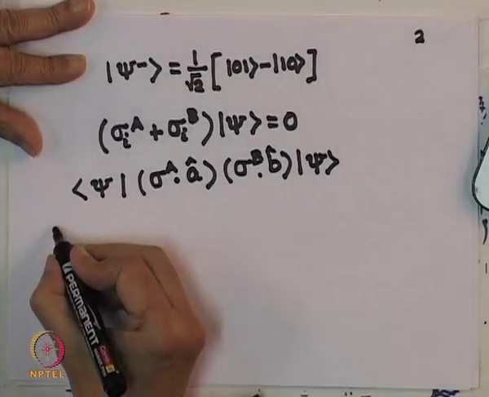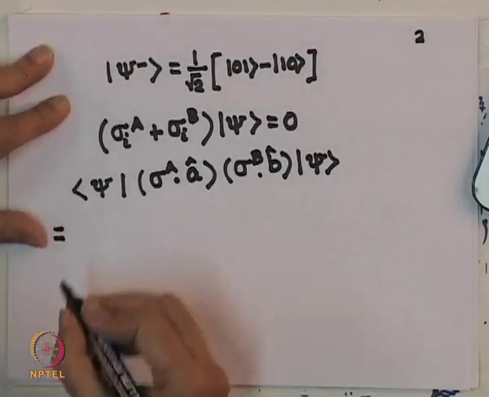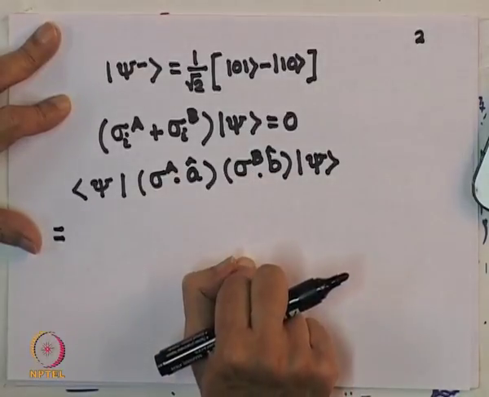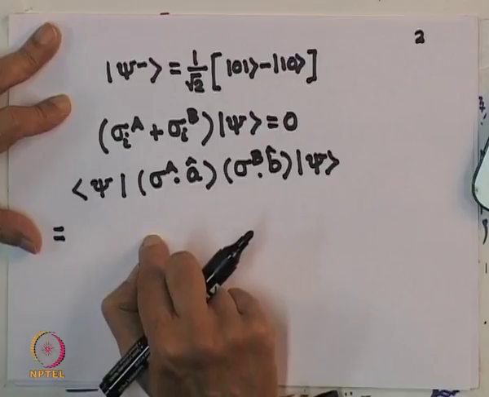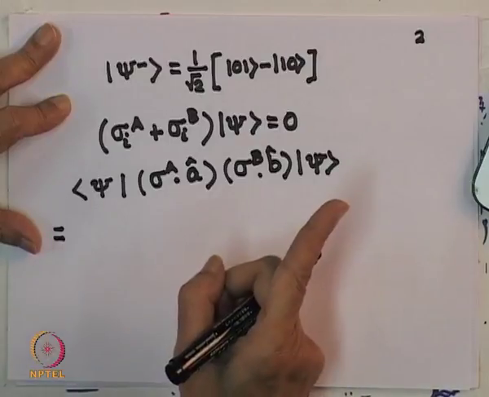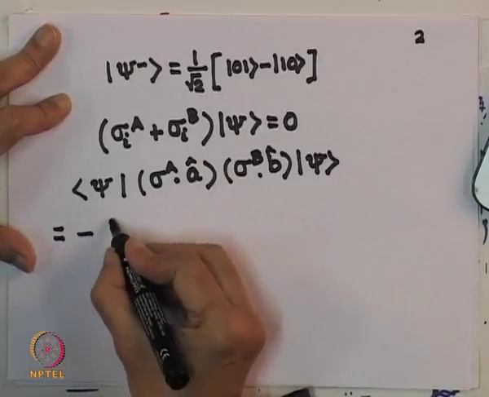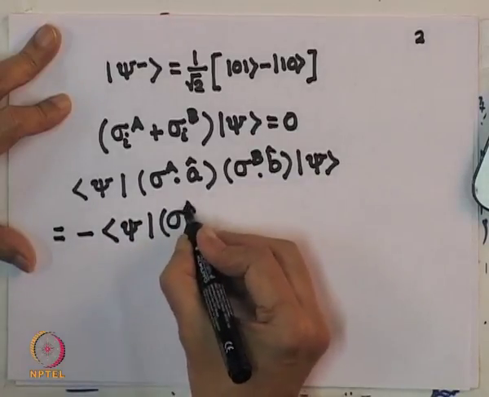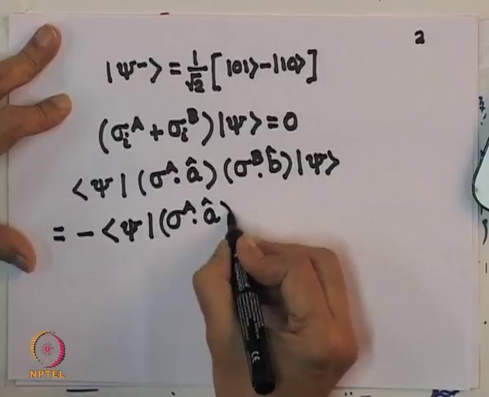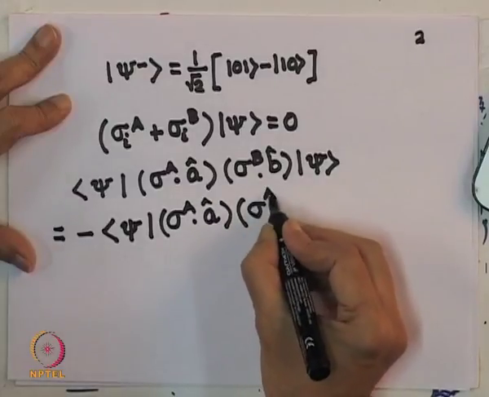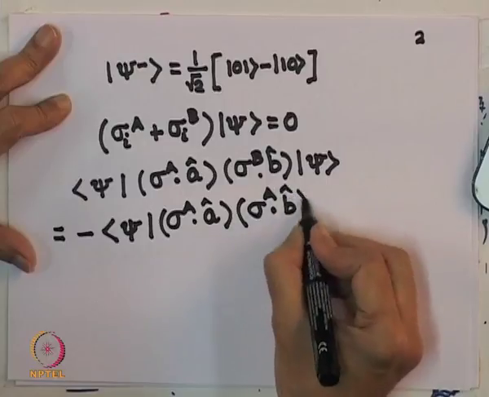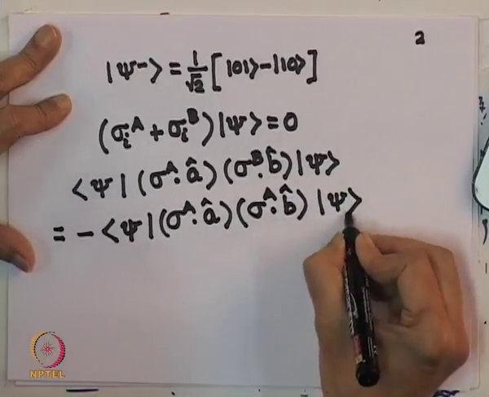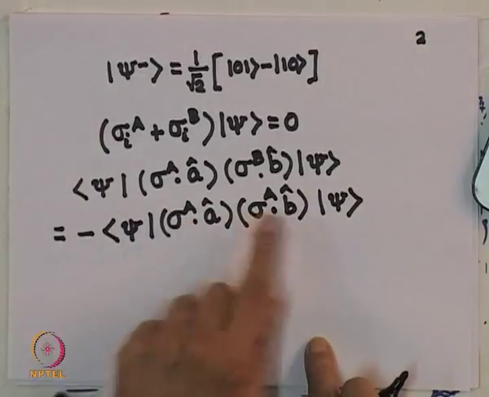Now according to what we said just now, I can replace this sigma B, which is acting on particle number 2, with a minus sigma A, but then sigma A always acts on particle number 1. So this is equal to minus of psi, sigma A dot A, sigma A dot B. So I don't refer to Bob any longer.